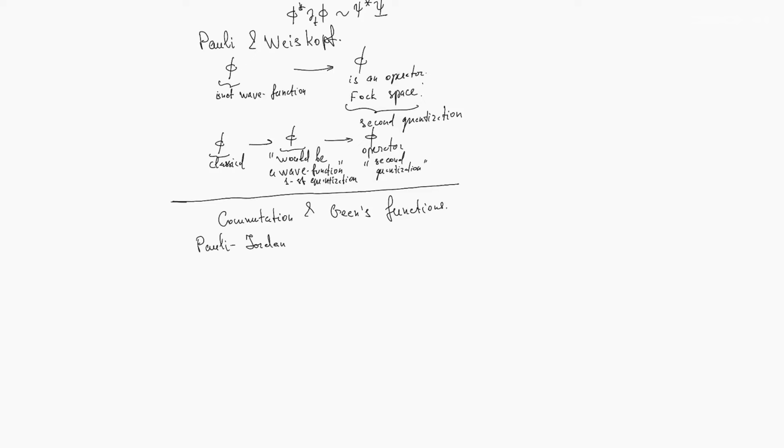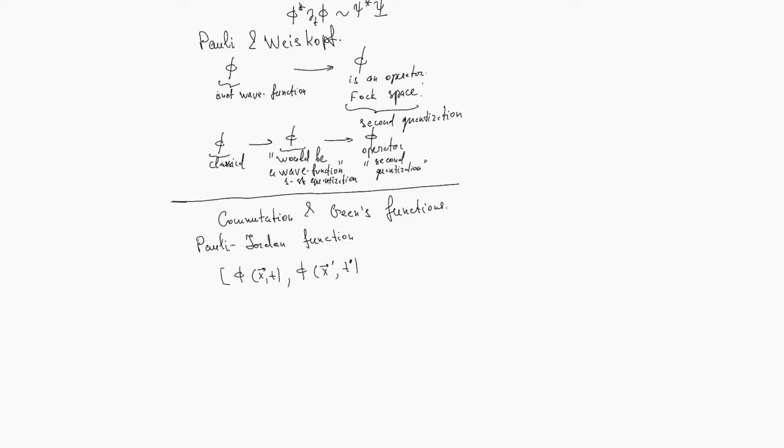So this function is defined in the following way. We just compute the commutator of the field phi at x, t, which is an operator now, with phi at x prime, t prime, so at different space and different time points.